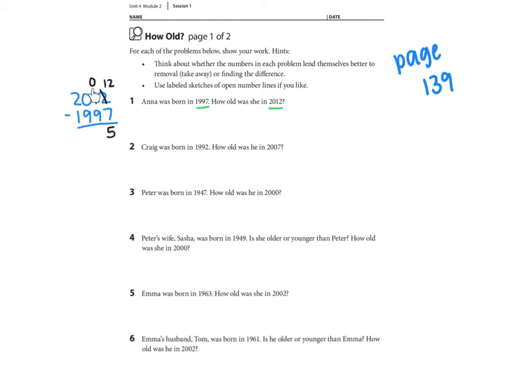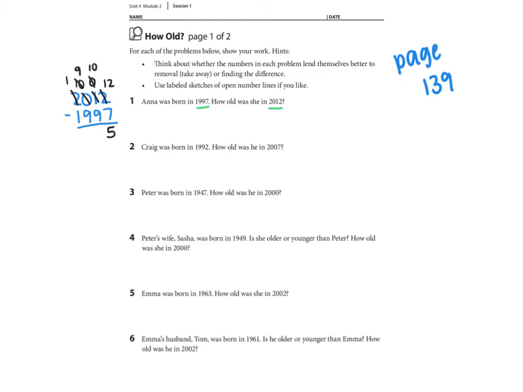Then I move to the next number, 0 minus 9. I can't do that, so I need to borrow. I go to my neighbor, and they have nothing. So I go to the other neighbor. And I take the 2, and the 2 becomes a 1. This 0 becomes a 10. But I still need to borrow. I still don't have anything here, so I'm going to borrow from the now 10, which makes the 10 a 9, and the 0 becomes a 10.